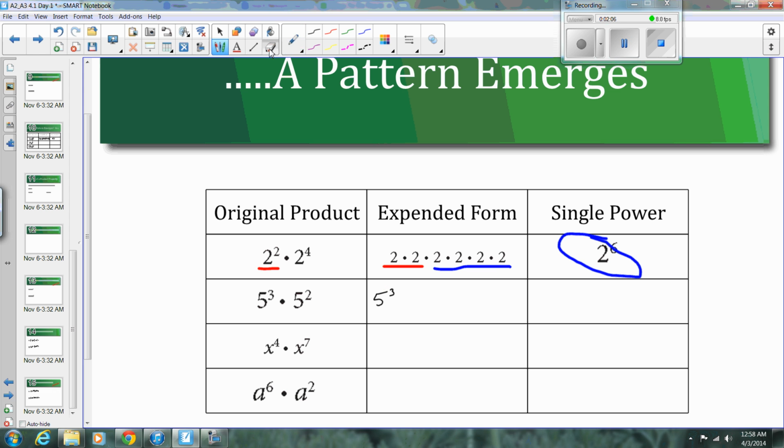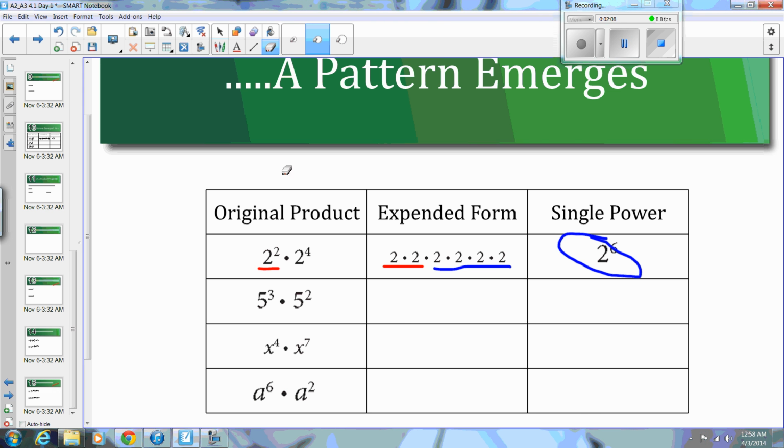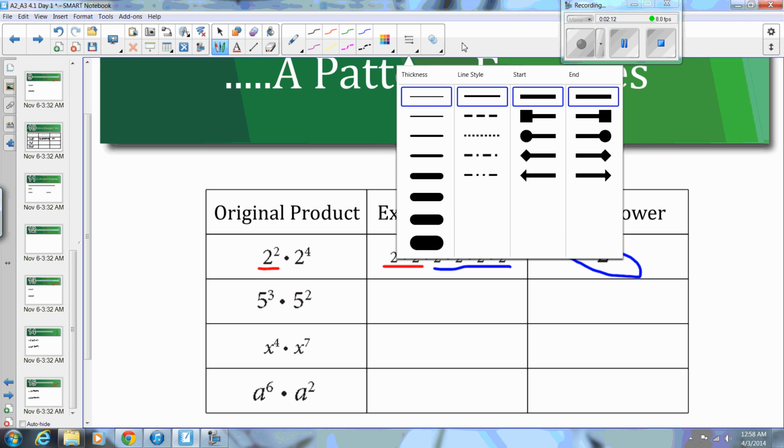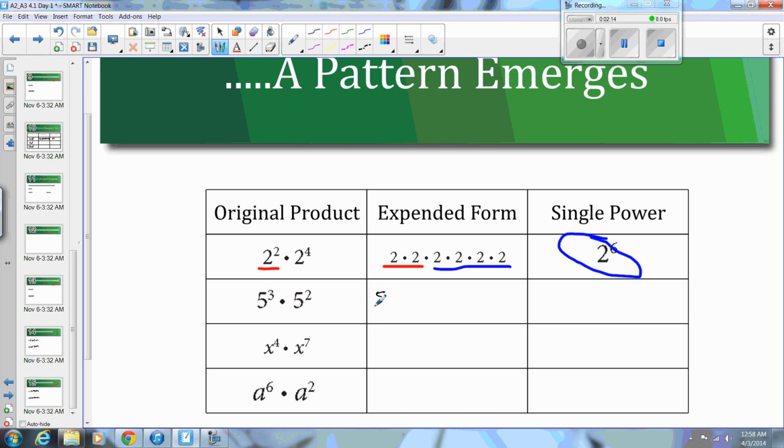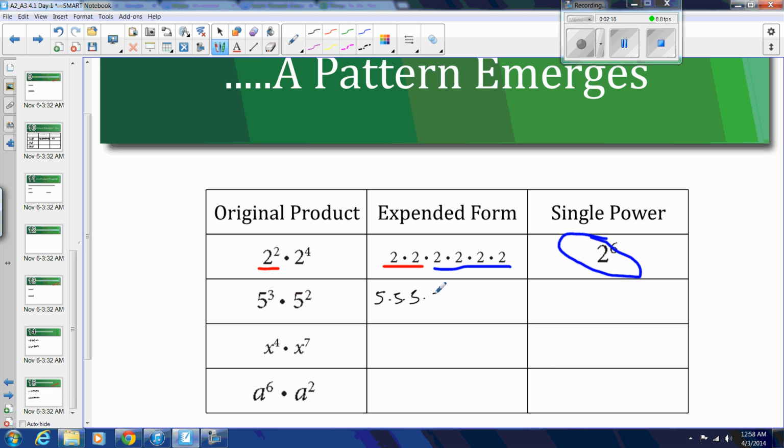I want to write it in expanded form. That means that there are 3 5's. That's 5 times 5 times 5. 5 cubed times 5 squared. Tack on 2 more. How many total 5's are there? Well, simply 5. My final answer is a single power, 5 to the 5th power.